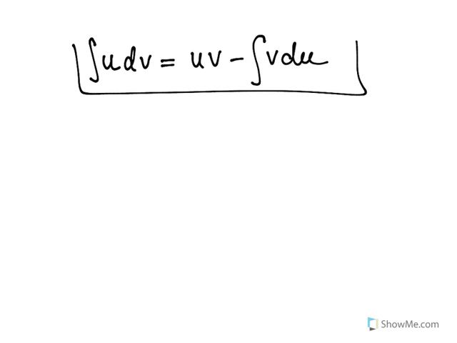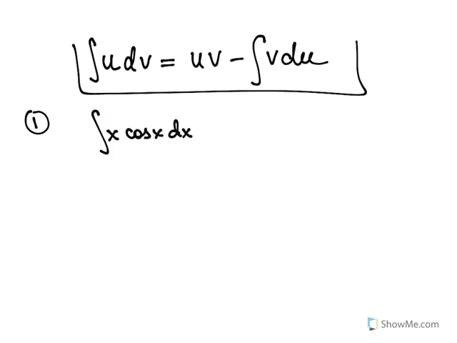Okay, now let's apply this formula to different problems. So for example, how would we integrate x cosine of x? Okay, the u substitution definitely is not going to work.